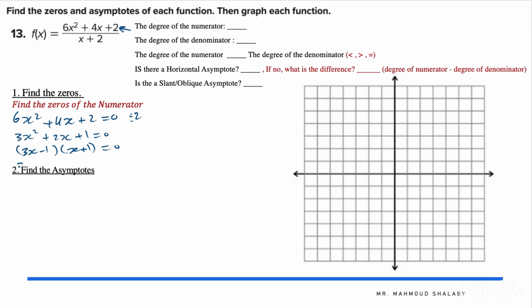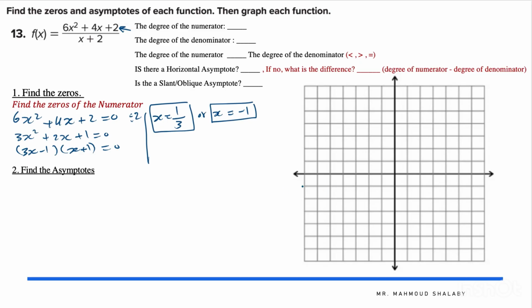So from this one, let me write it on the other side here. x equals 1 over 3, like we move negative 1, it will be 1 over 3. This is the answer you would have seen on the calculator in the first place. Or x equals, change the sign, negative 1. So we have 2 zeros of the function.